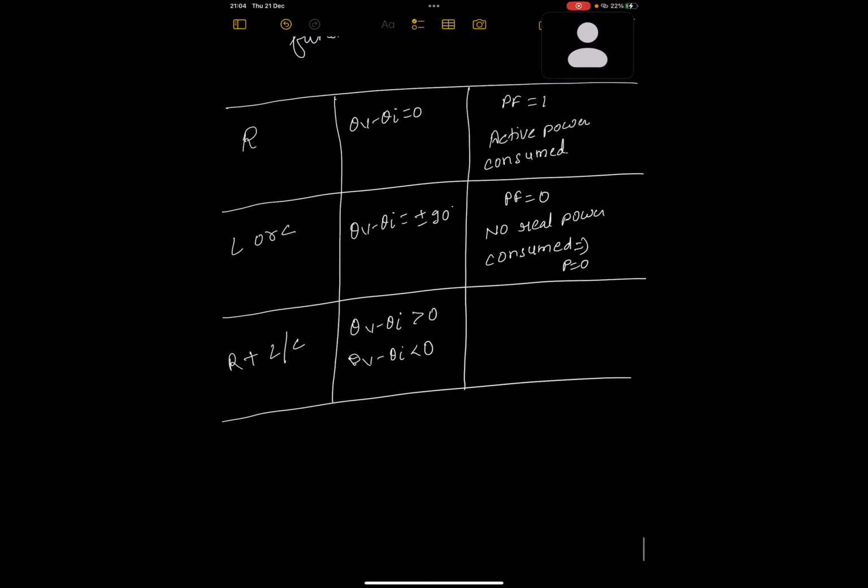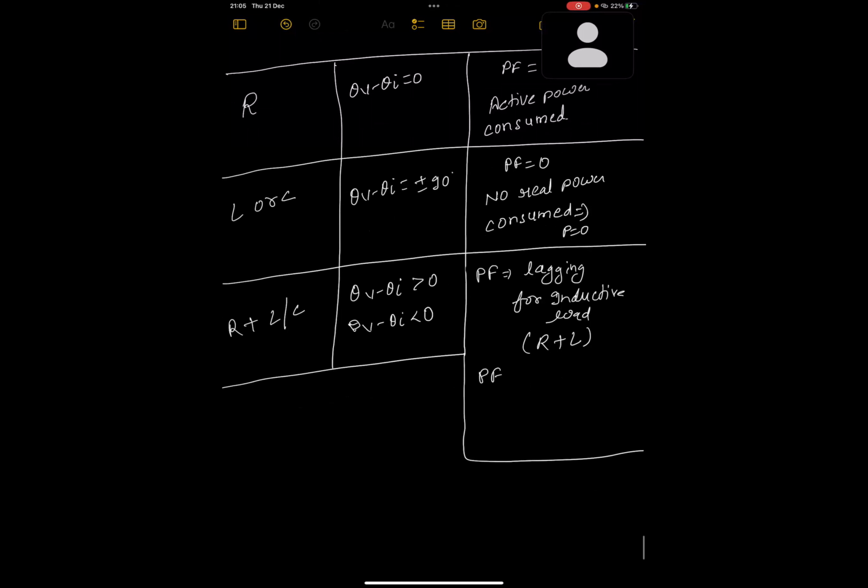Okay. Here is a lagging power factor. The power factor is lagging for inductive loads, meaning R plus some L is given, and the power factor is leading for capacitive load, meaning R plus some C is given.